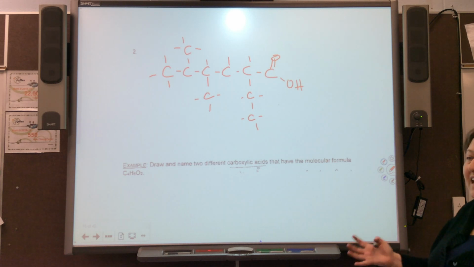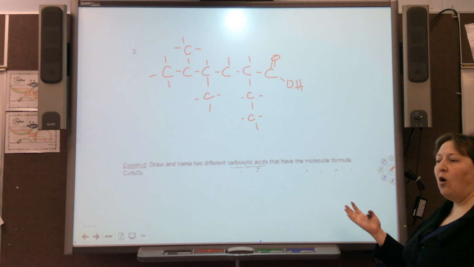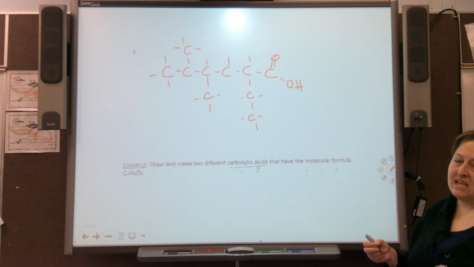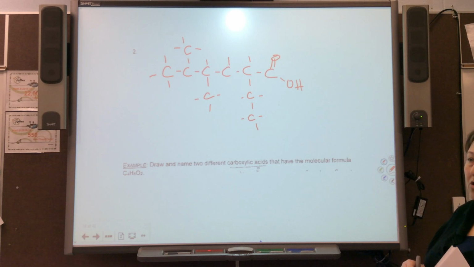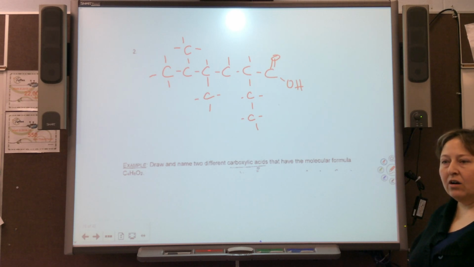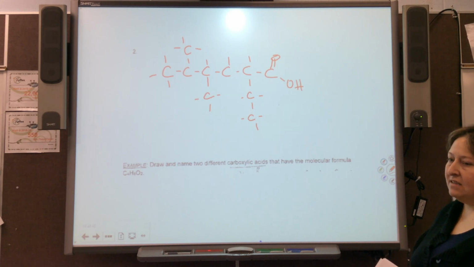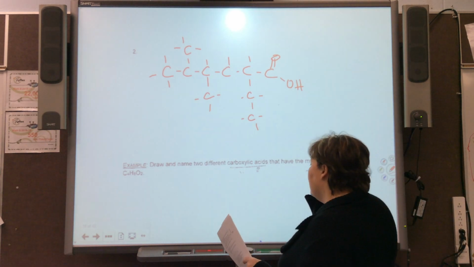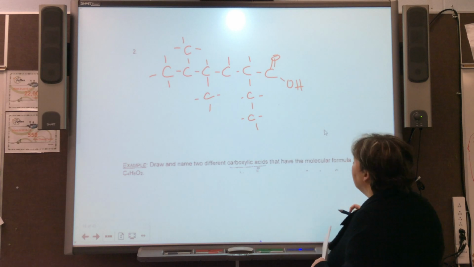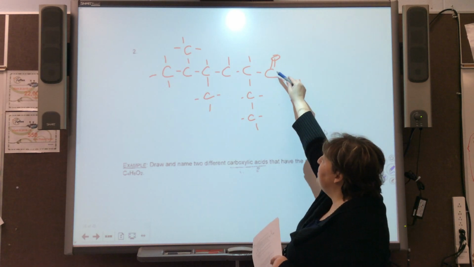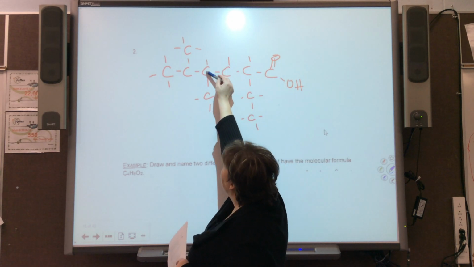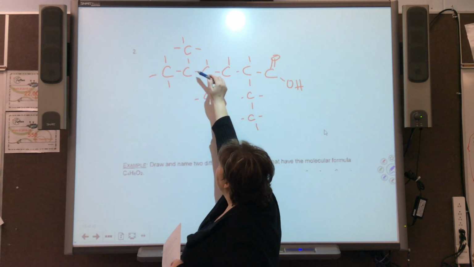Okay, so we need to recognize that we see a double bonded O and an alcohol off of the same hydrocarbon. That's very key. If you just have a double bonded O or you just have an alcohol group, you don't have a carboxylic acid. Okay, you either have an alcohol or you have the beginnings of an ester. Longest chain has to include this one here. 1, 2, 3, 4, 5, 6.